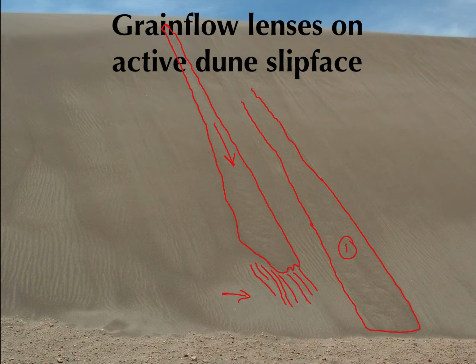The deposits of Grainflow lenses, such as the one that I've labeled with number 1, are thin and can be an inch or 2 in thickness. They're inversely graded so that there's coarser grains on the top, finer grains on the bottom, and they coarsen down towards the toe of the dune.